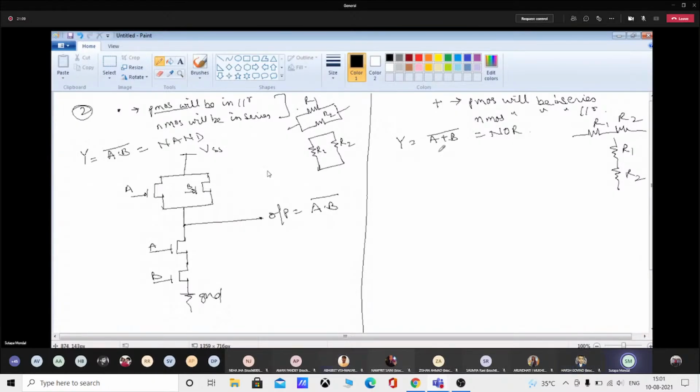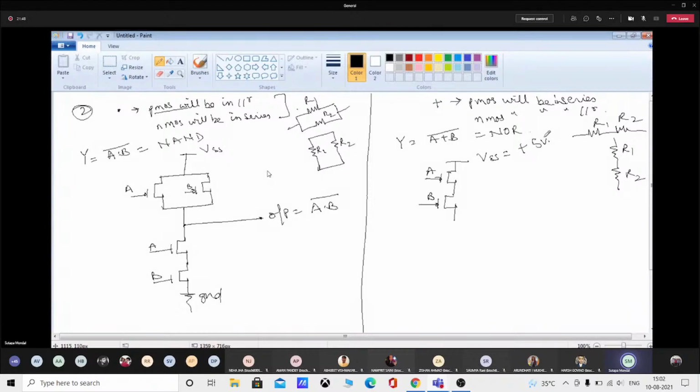Okay, now when we are talking about plus, we have written that PMOS will be in series and NMOS will be in parallel. But definitely, whenever your PMOS is in parallel, your NMOS will be in series. If your PMOS is in series, your NMOS will be in parallel. So let us draw for this. This is your PMOS for A and it is in series with B. And here somewhere VSS, that is the potential, suppose 5 volt I have given.